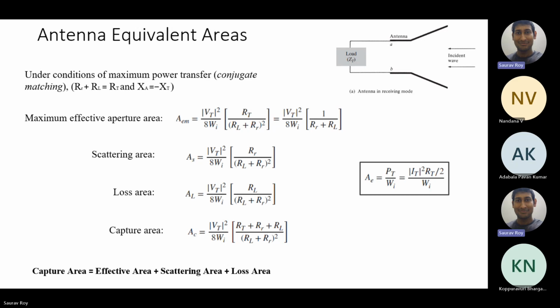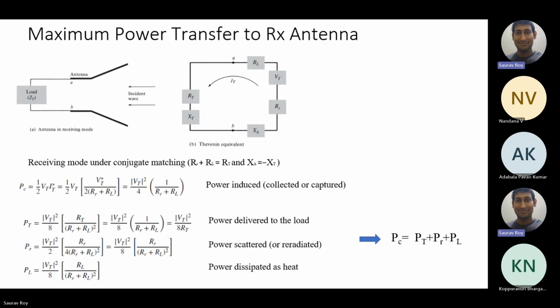So what is the maximum effective aperture area? It is calculated from the total power given by RT. Let's go to the last slide. What component is that? You see this is the PT, the power delivered to the load.